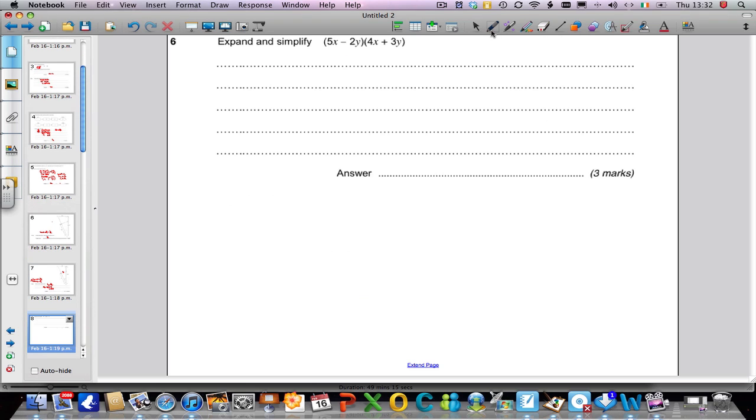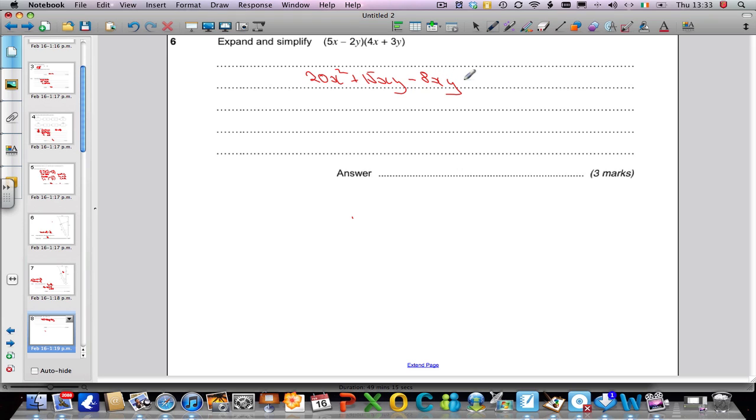Right, question 6. Expand and simplify. So just some basic algebra here. So 5x times 4x is 20x squared. 5x times 3y is plus 15xy. Minus 2y times 4x is minus 8xy.